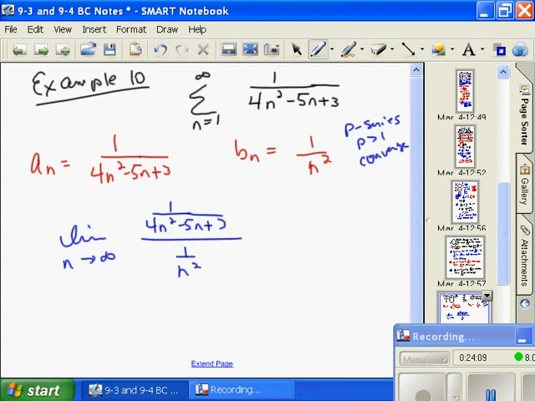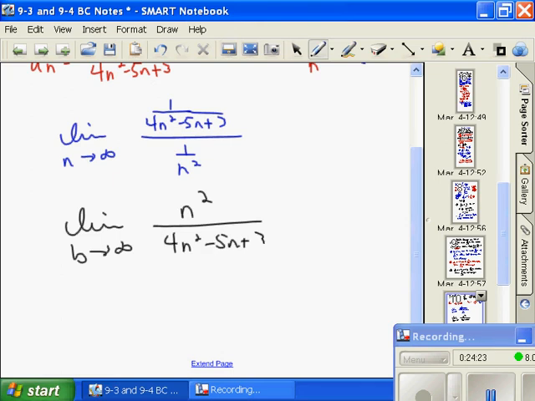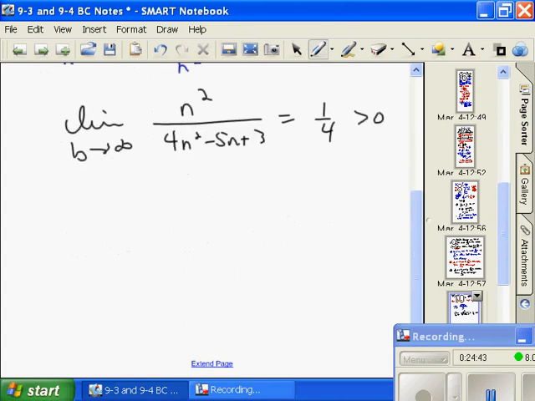So if I divide by a fraction, I'm going to flip it and multiply. So I get the limit as n goes to infinity of n squared all over 4n squared minus 5n plus 3. And what do I get? I get 1/4. Now, 1/4 is greater than 0, so that would go into category number 1. Then the series either both converge or both diverge.